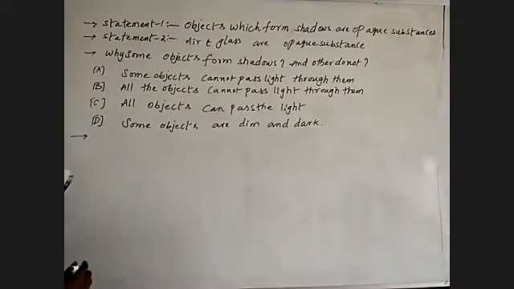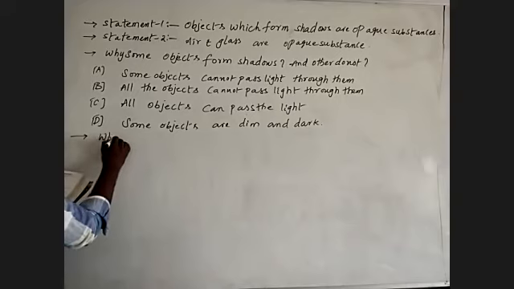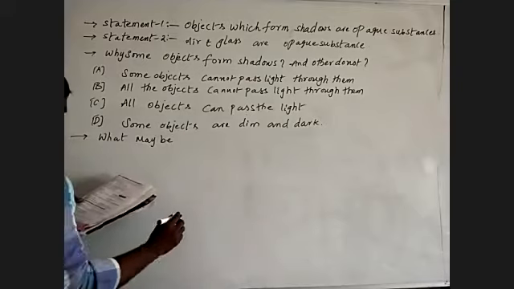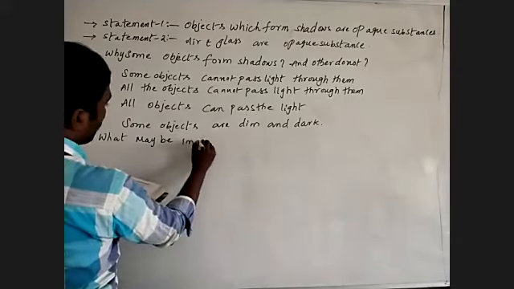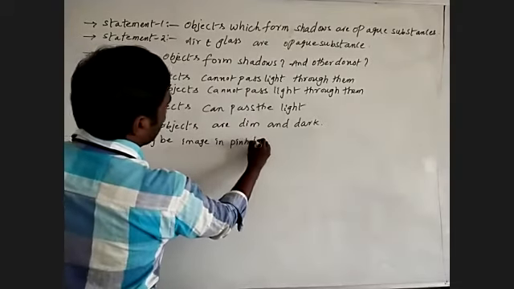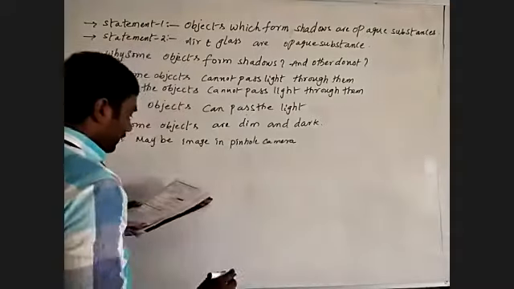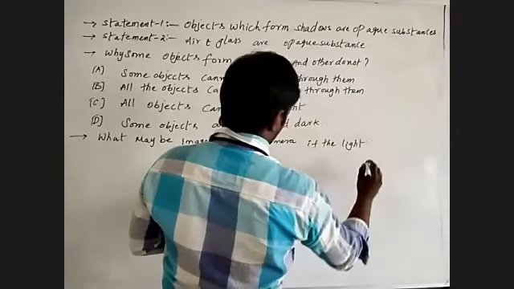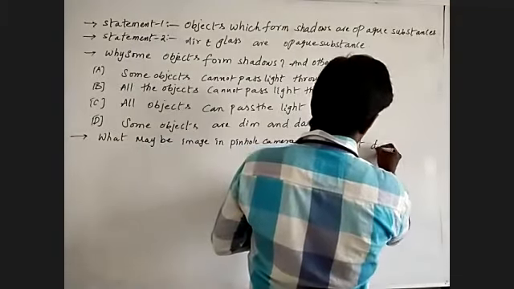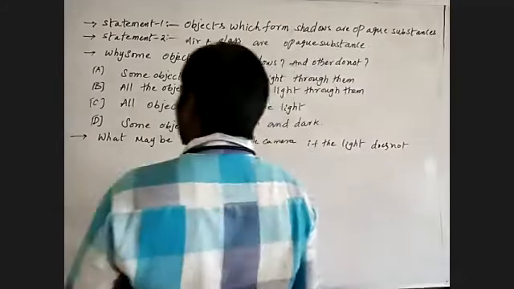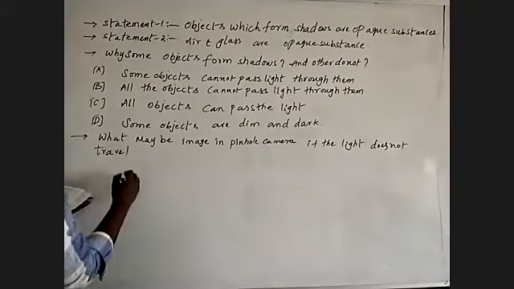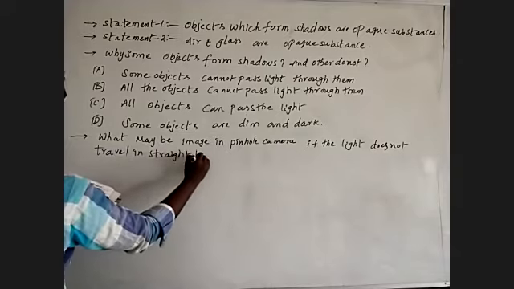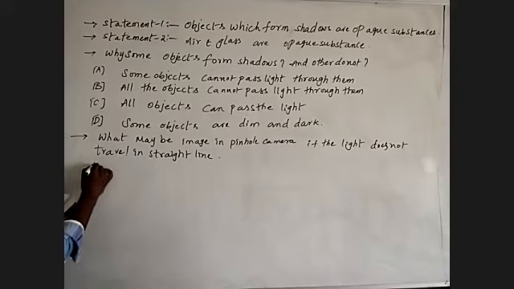The next question is: what may be the image in a pinhole camera if the light does not travel in a straight line?